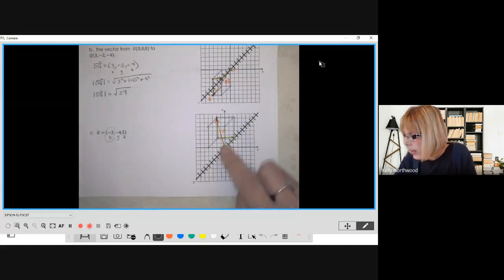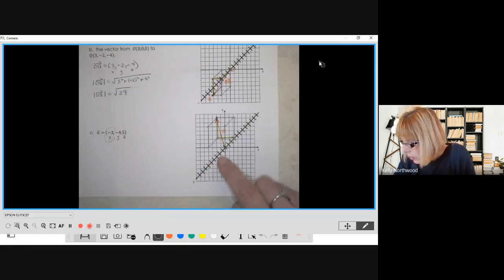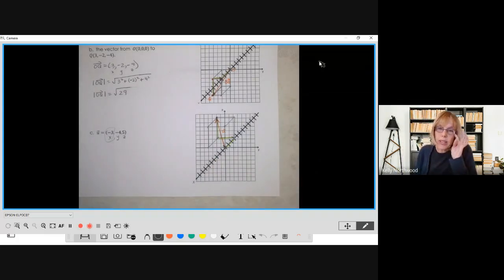The only way is if you make your x-axis hash lines a lot farther apart than your y or z, and then it looks distorted, but it's okay. However you can do it to make it look 3-dimensional, I'm okay with, especially in this remote system. Hopefully we'll be back at school soon. This is a small thing. It's just one expectation. We're going to take care of it today, and then we won't really be drawing them for the most part. We'll be imagining them.